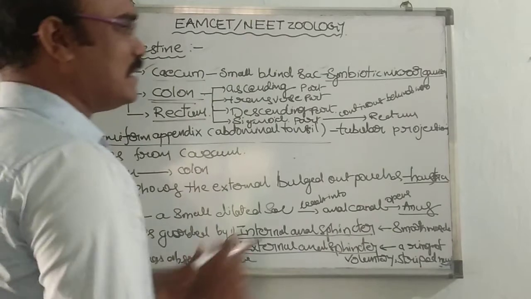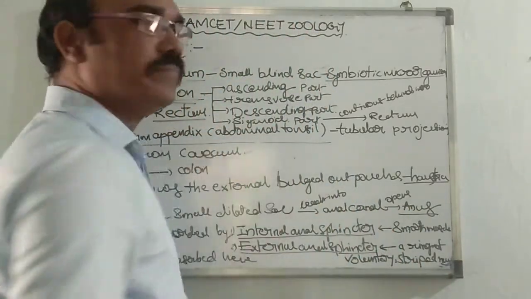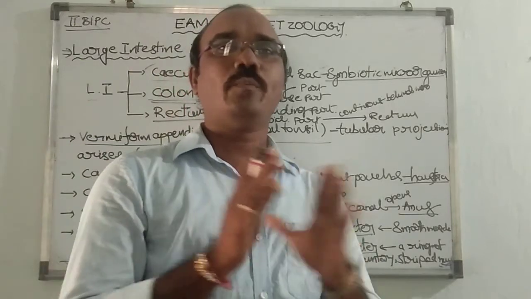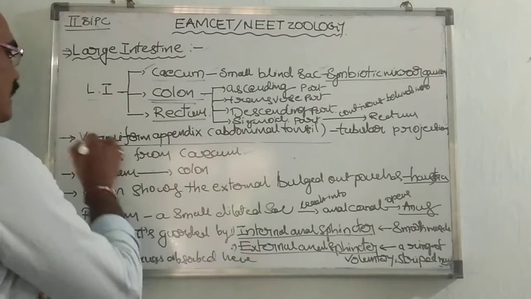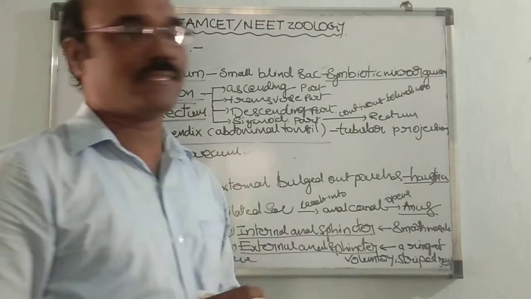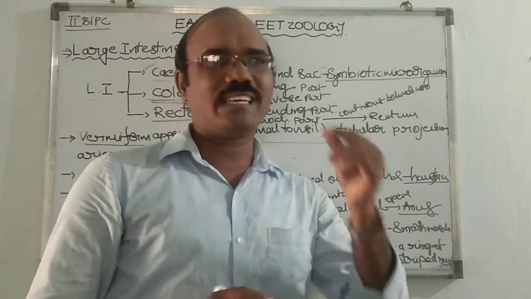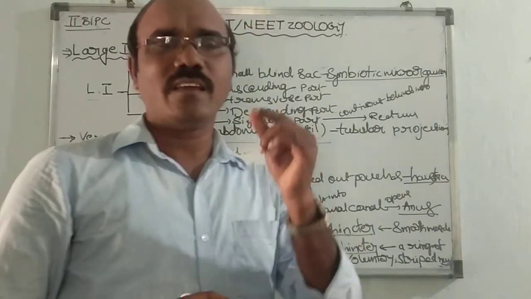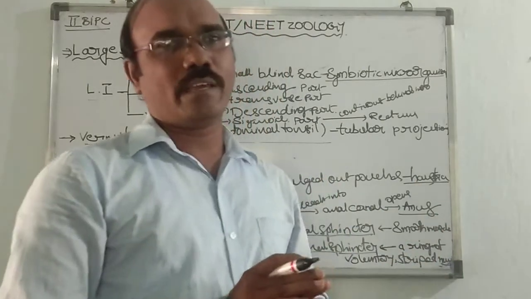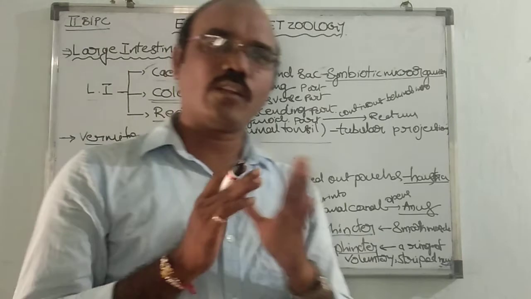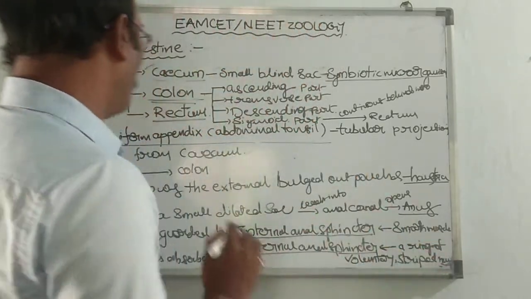Some small tubular projections arise from the cecum, called the vermiform appendix or abdominal tonsil. It acts like a vestigial organ and has no role in human beings, especially not in digestion. It plays an important role in ruminants, not in human beings.